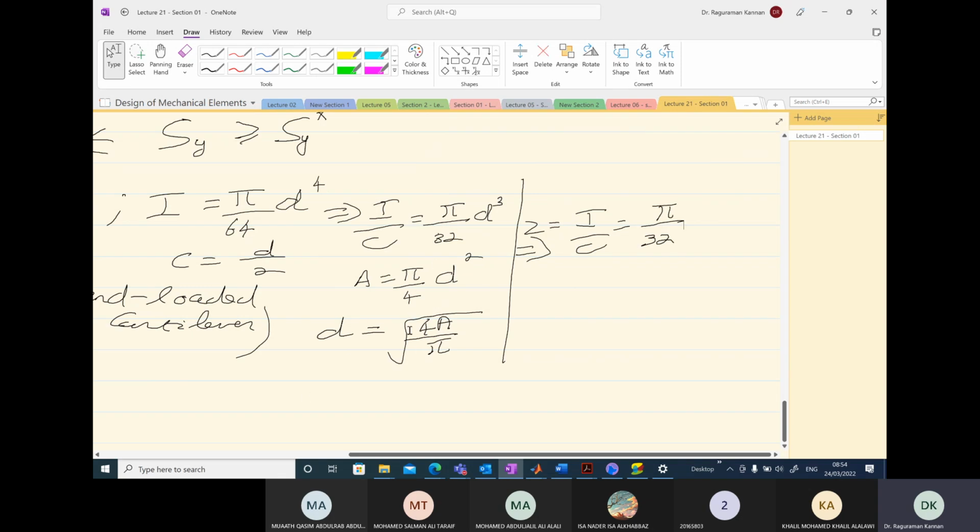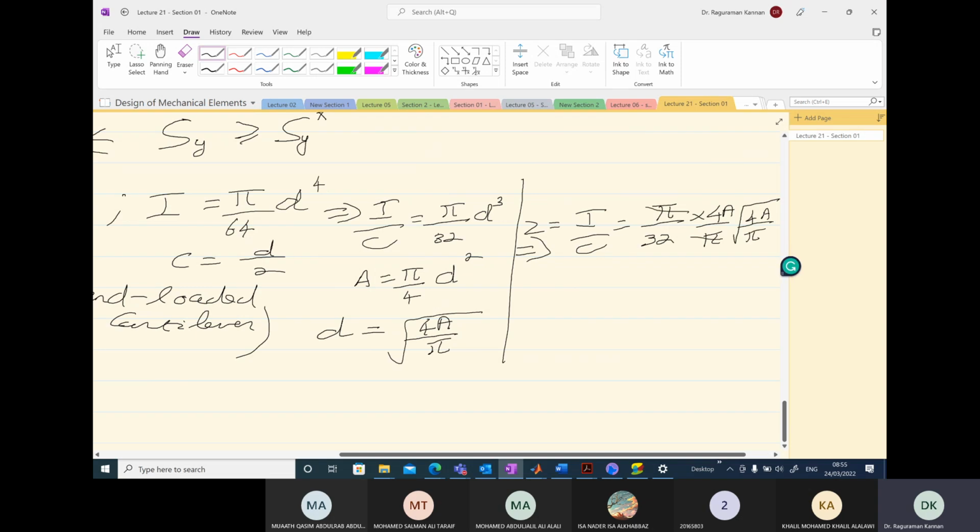So we want to know what is d cube. If you take the cube of this entire value, I will get 4a over pi times square root of 4a over pi.